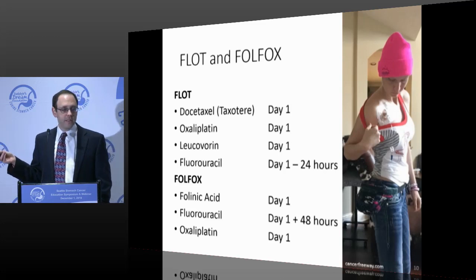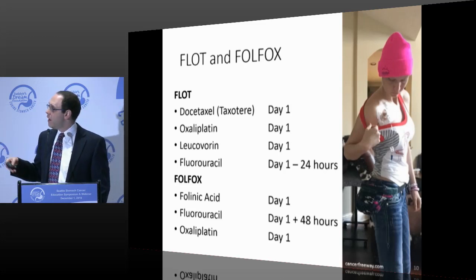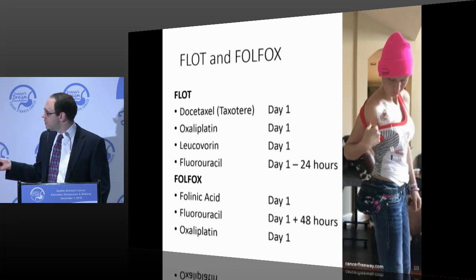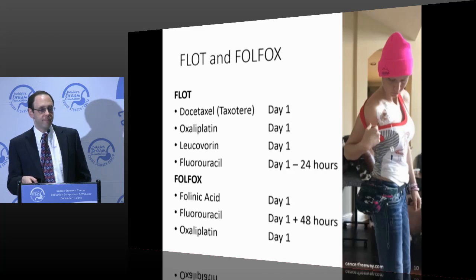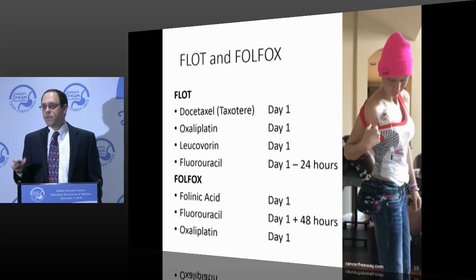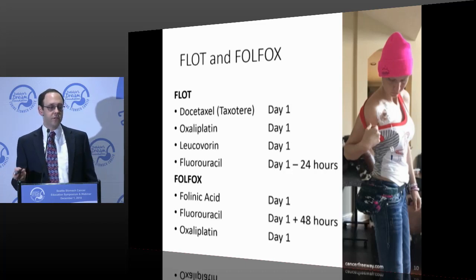For most of these regimens, where it says here day 1, those are all drugs that are given in clinic. And then you leave with this little portable pump, which has an IV going, and the pump's in this bag over here. Usually less color inspired, it's just kind of a black bag. But you get chemotherapy that you wear with you for about 2 days.